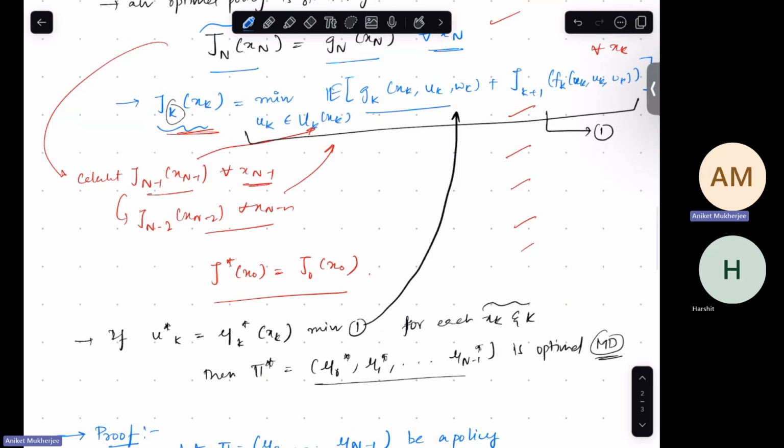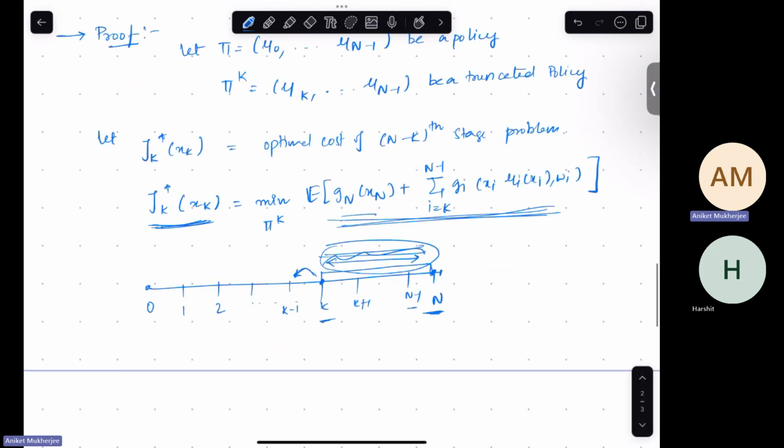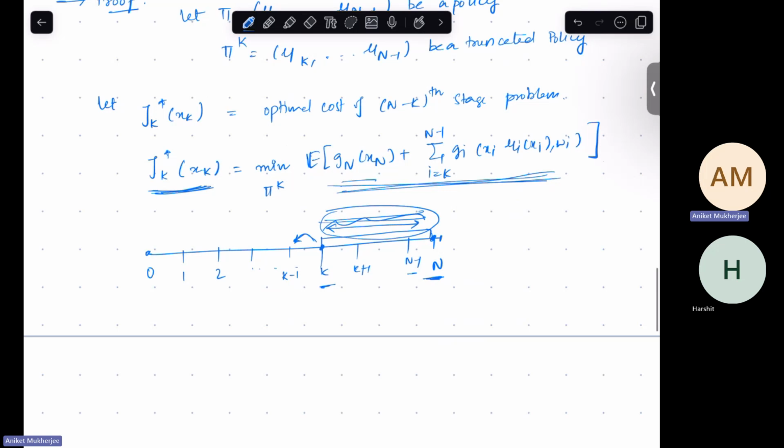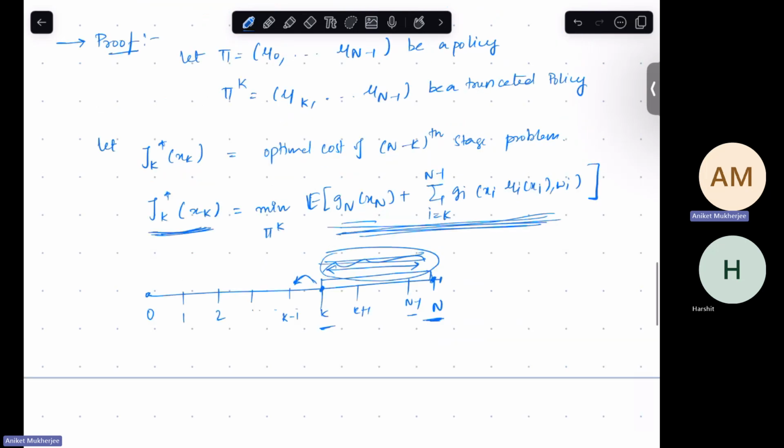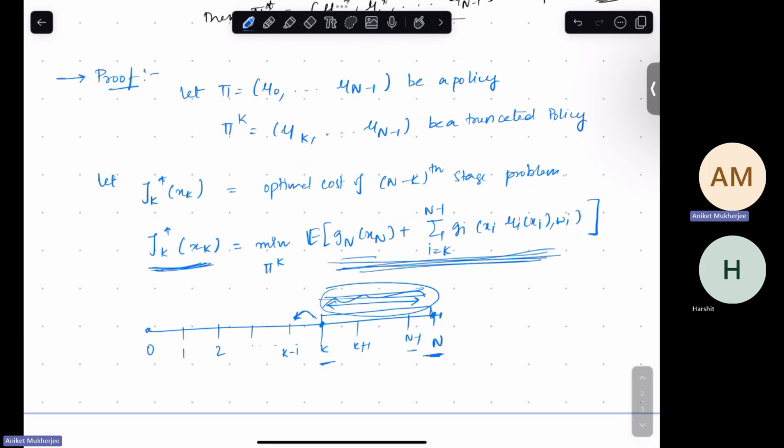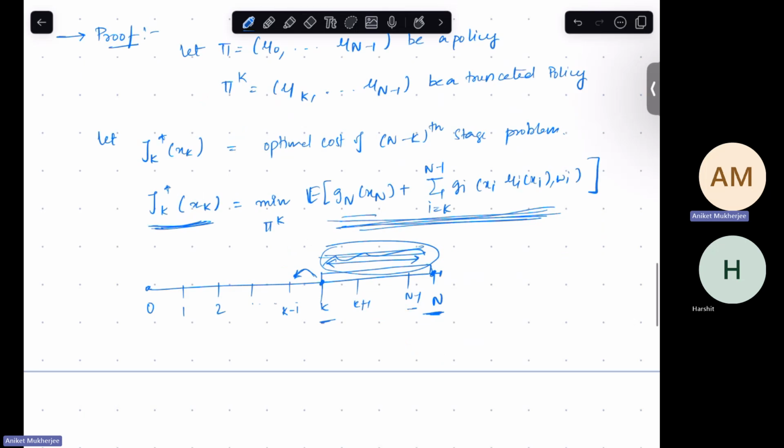You're adding the kth step and using the k plus 1 optimal cost that you calculated in the previous step. So you're going back in a sense. You're starting at the terminal state, then going back calculating the optimal stage and keeping the optimal cost at each time. That is what the dynamic programming algorithm tells you to do.